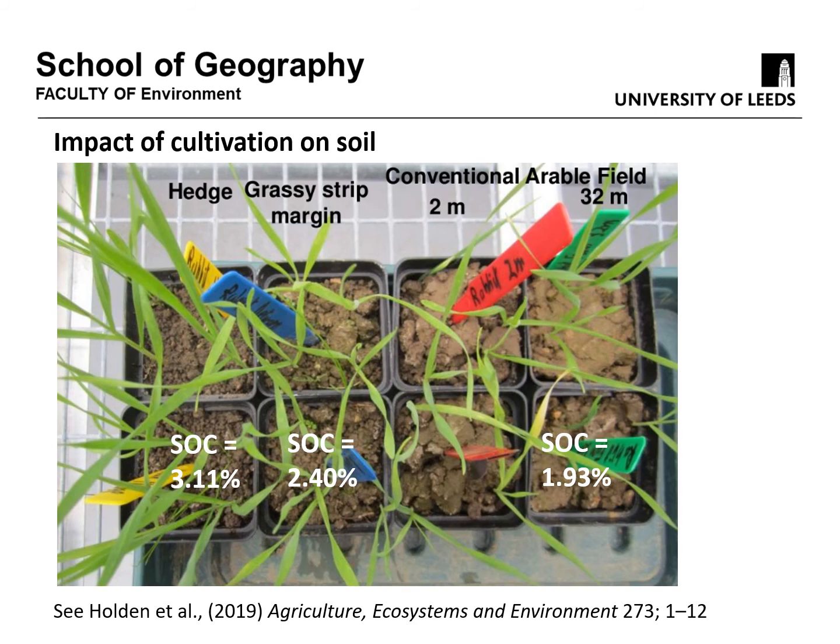And if I were to sprinkle some water onto these soil samples, we would see a difference in the infiltration rates, with them being much quicker in the soil from the hedge, and we're more likely to see ponding of water on the arable soils.